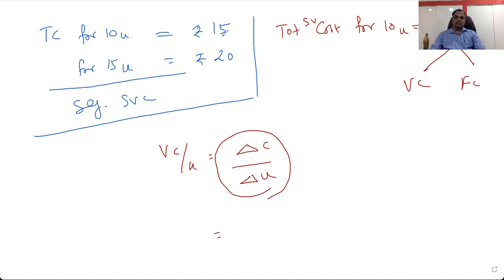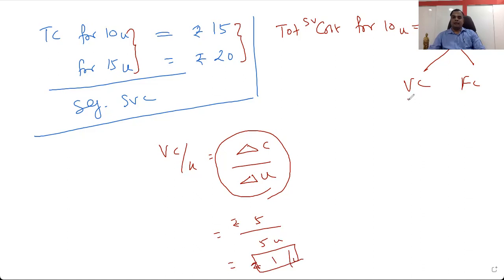Change in cost: 15 rupees, 20 rupees, the difference is 5 rupees. Change in quantity: 10 quantity, 15 quantity, therefore 5 units. So variable cost per unit comes to 1 rupee per unit.